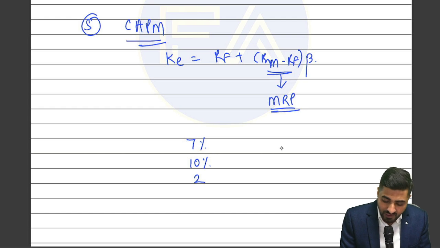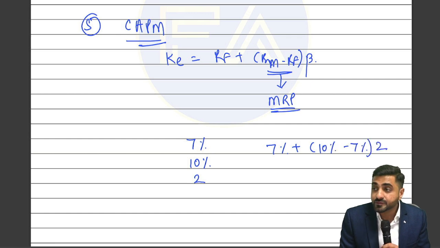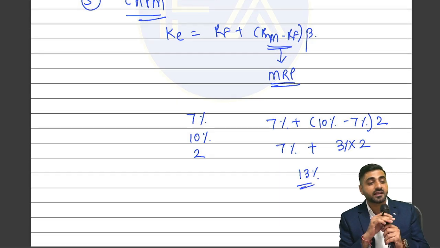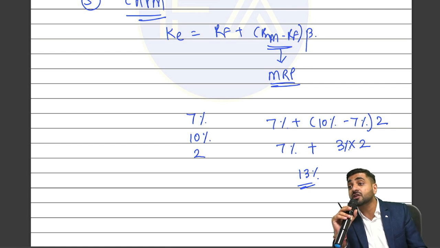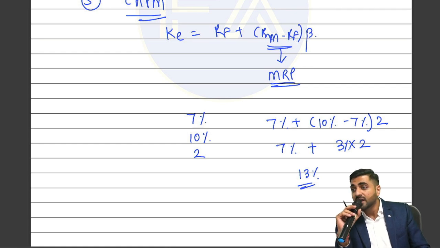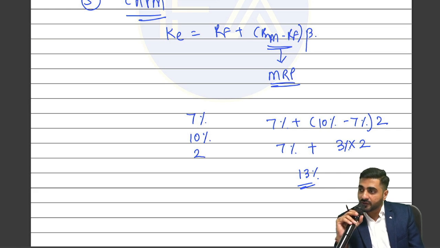How will you calculate KE? 7% plus (10% minus 7%), 10 minus 7 is 3, 3 into 2 is 6. 7 plus 6% will give you 13%. Are you all okay with this much part?